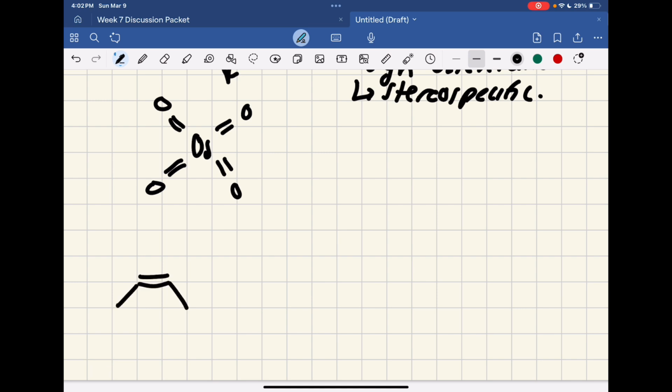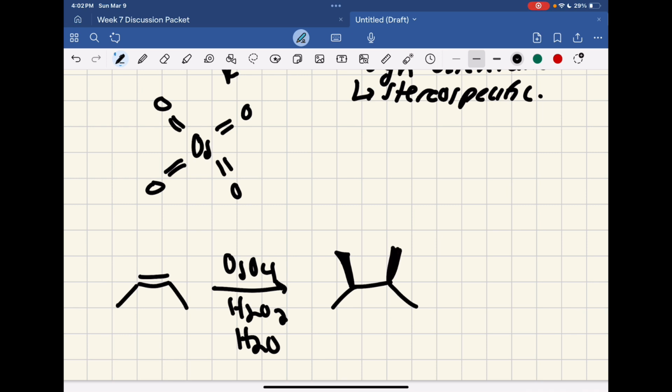So if I gave you this cis alkene, and I gave you osmium tetroxide, hydrogen peroxide, and water, the result is a structure that looks like this. Notice they're both wedges, or you could do both dash, but notice this would be a meso compound. These would be equivalent essentially. But essentially notice that they have 2 alcohols across the double bond and they are on the same orientation.